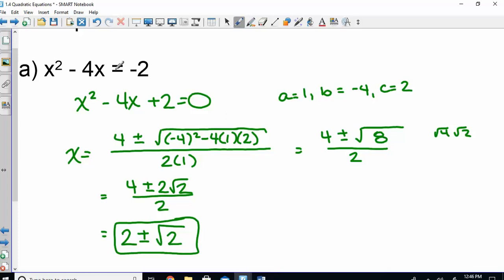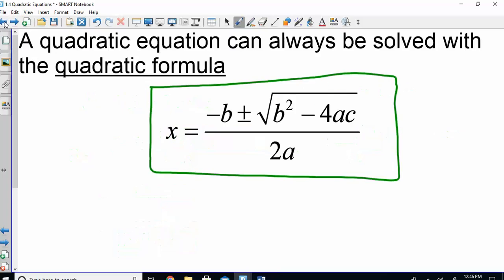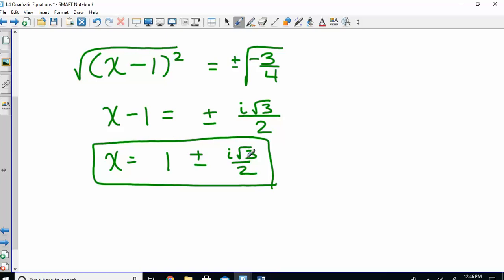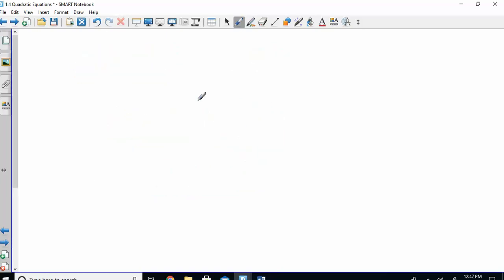You got 2 answers, right? 2 real answers. Sometimes, though, I get 2 imaginary answers. Or, if I gave you something like x squared minus 6x plus 9 equals 0, what does that factor into?